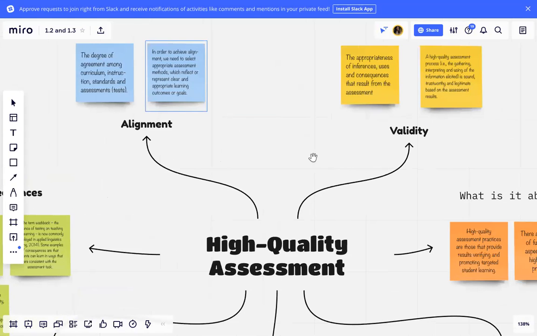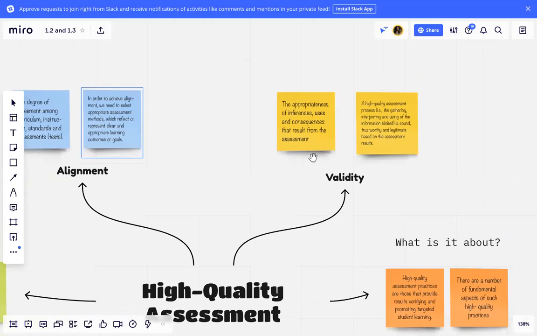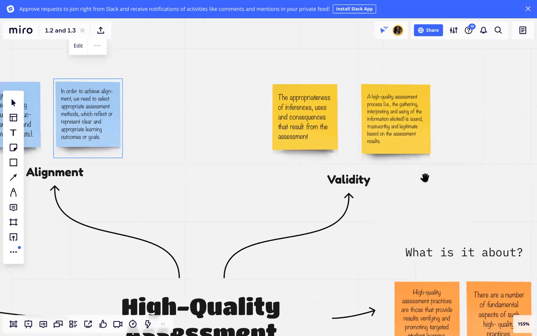The second one is validity, and this part uses a consequence that results from the assessment.